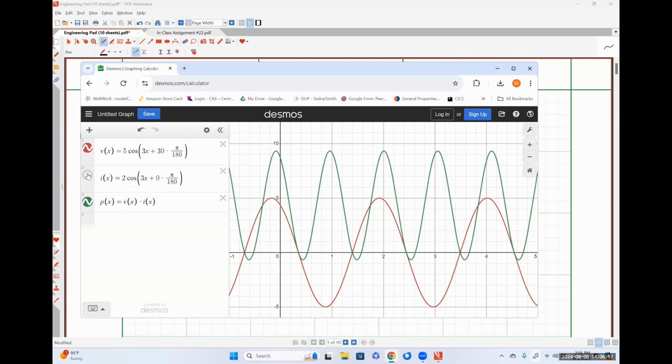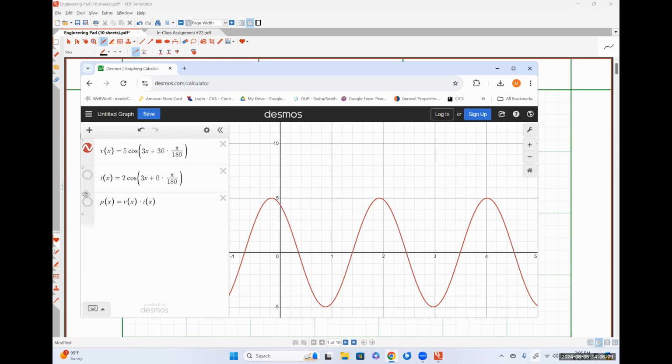So if we look at our power waveform, which is in green, we can see a couple of different things. Actually, let me turn that power off really quickly. Our voltage waveform is a simple sinusoid, meaning exactly half of the time it's above the horizontal axis and exactly half of the time it is below the horizontal axis.